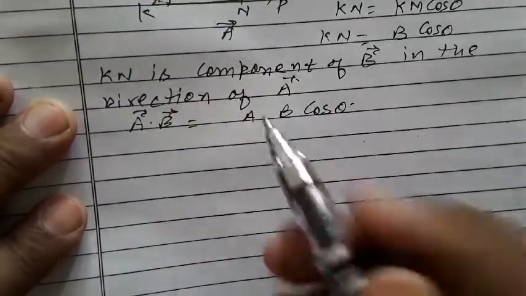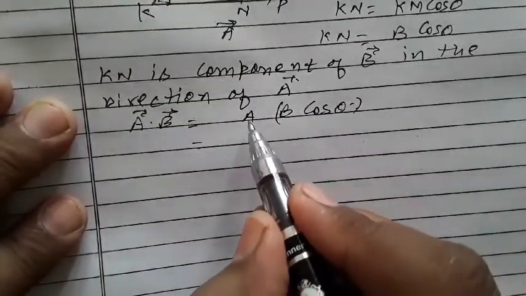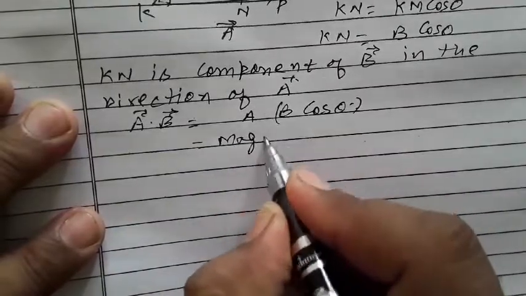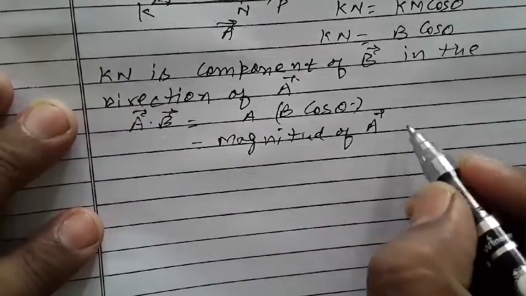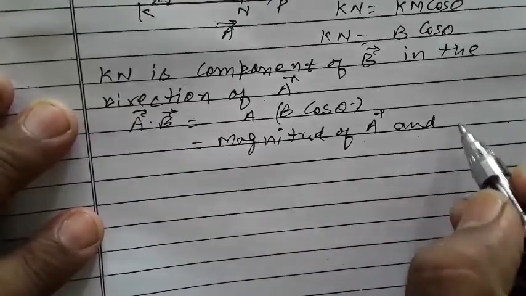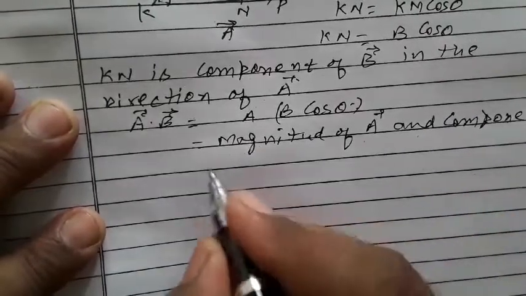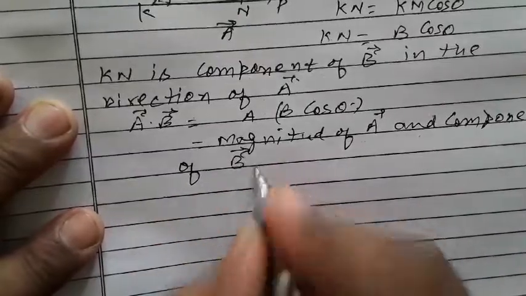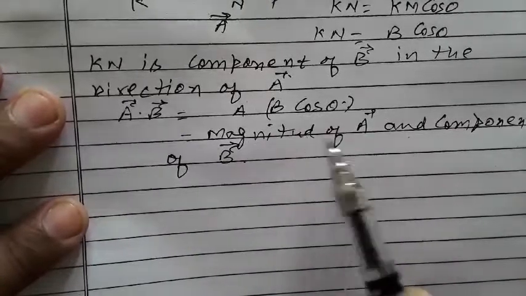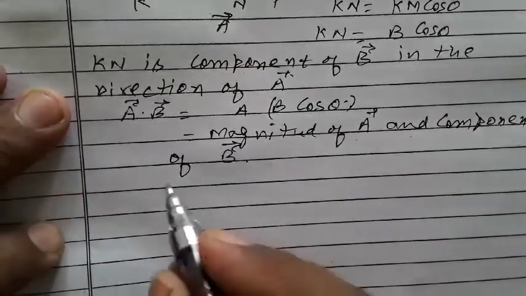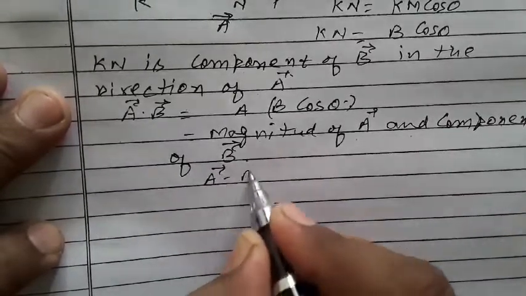This is a into b cos theta, where a is the magnitude of vector a and b cos theta is the component of vector b. So the dot product is also defined as the product of the magnitude of a and the component of vector b. So a vector dot b vector equals a into b into cos theta.